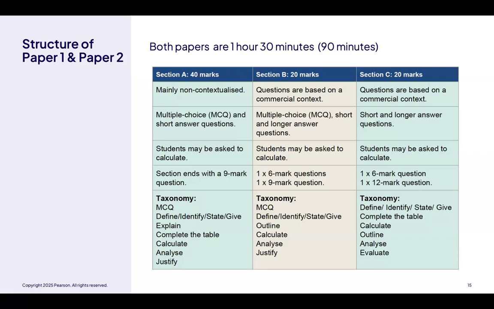Now, what I am showing you that for is that is the structure of every paper, every series. So we're into this consistency word again. There's no different types of questions used. There's no different structure. So your students can be prepared knowing what the exact structure of this paper will be.